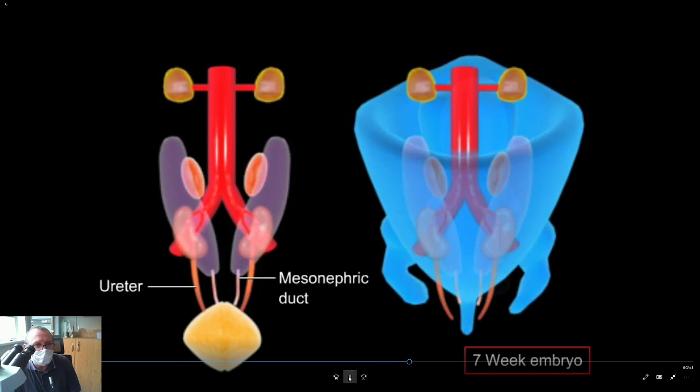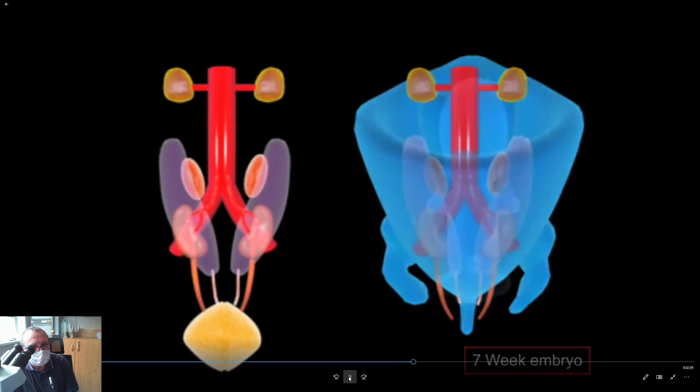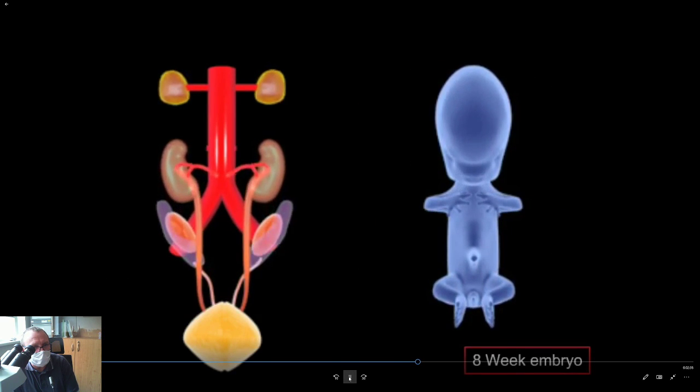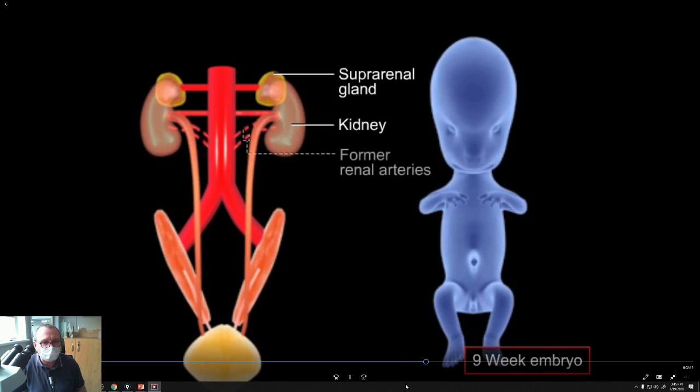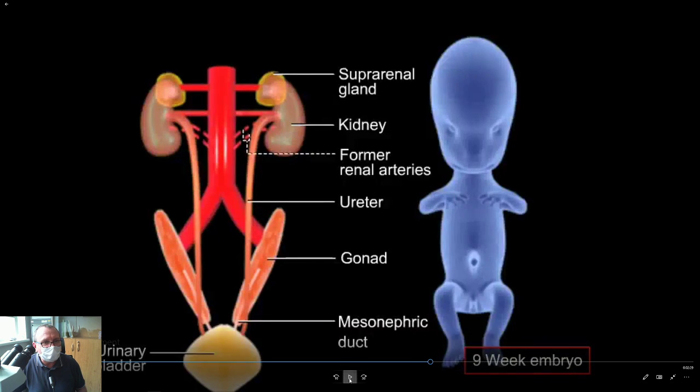They are moving along the aorta and they receive new branches of the aorta, new arteries, and of course also veins which aren't visible in this video, and so the definitive renal arteries are completely different vessels than the original renal arteries which were growing from the iliac arteries. This ascent of the kidneys is at the same time as the descent of the gonads, which we'll describe next week.